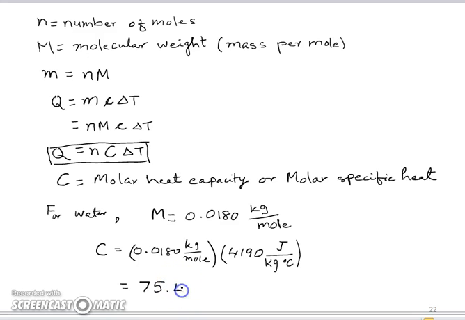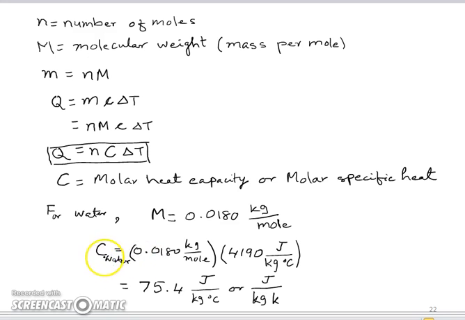If you multiply the two numbers, we get 75.4, and this value 75.4 is the molar heat capacity of water. I can put the suffix here, water.